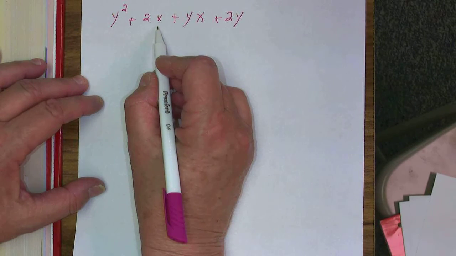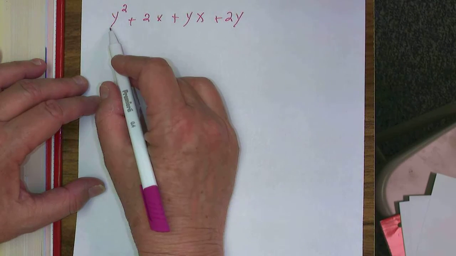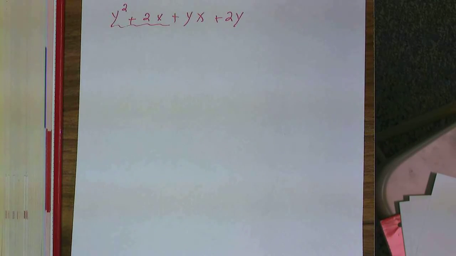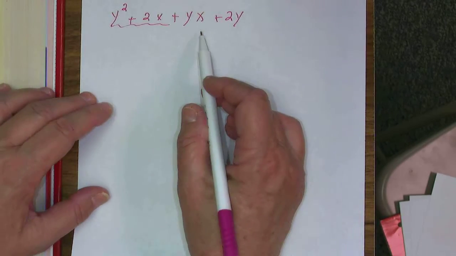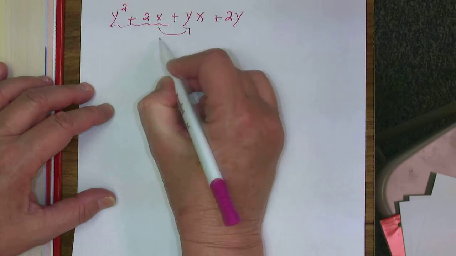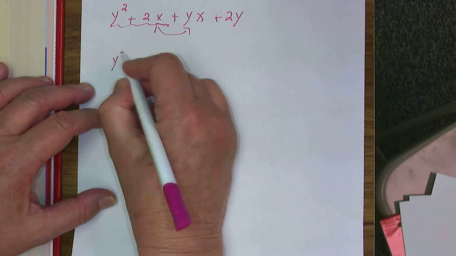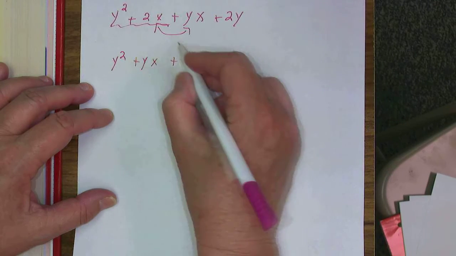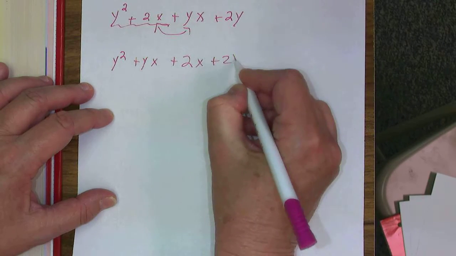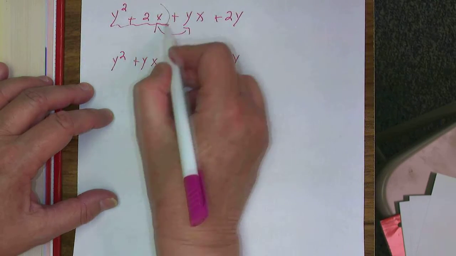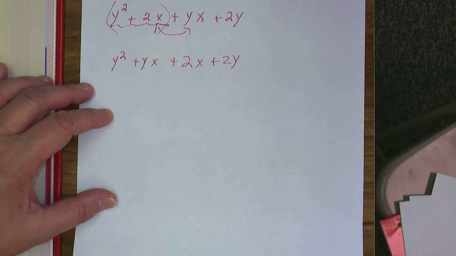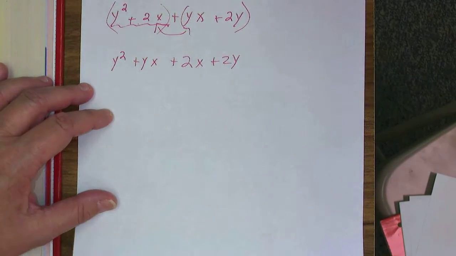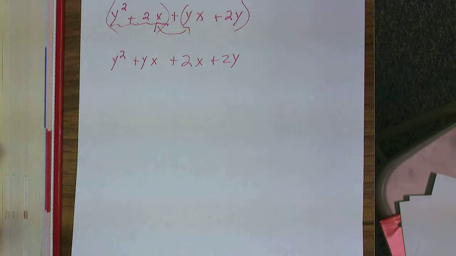Now, if we notice, if we were to pair these two together, there's not a common factor there. And there's not a y squared over here. I am going to move these two terms, y squared, switch these two, plus yx plus 2x plus 2y. See, if I had grouped those, there's no common factor there. And when I group those, the y would be x plus 2, and that's not what's there.